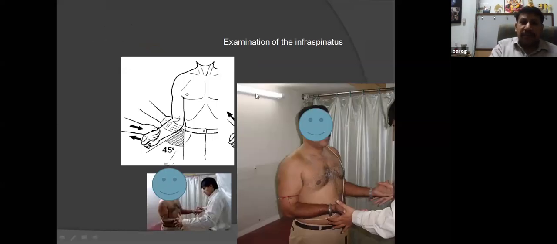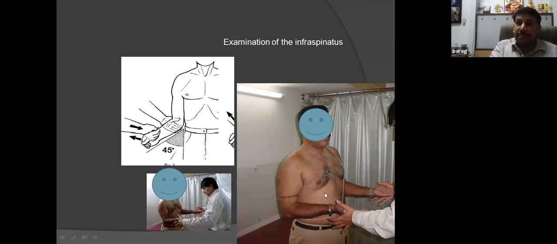So there is also another way of examining the infraspinatus, by passively bringing the arm out to about 45 degrees, then you ask the patient to push out against your hand. This video may not work, but here as you see, I am pushing this arm from outside and he is not able to resist that.